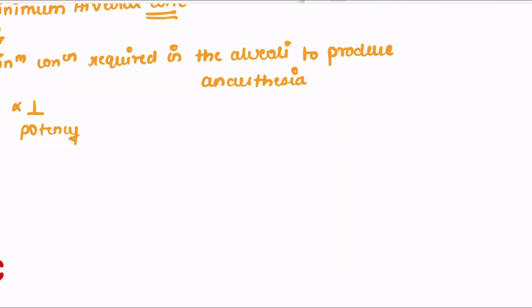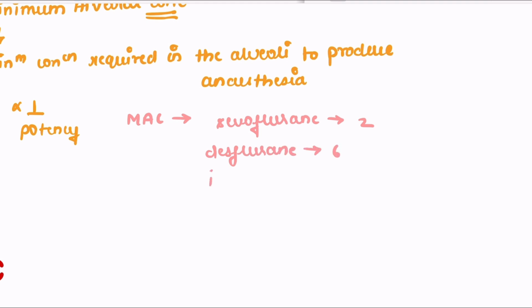The MAC of different inhalational agents are: for sevoflurane, the MAC is 2. For desflurane, the MAC is 6. For isoflurane, the MAC is 1.4. For halothane, the MAC is 0.75.